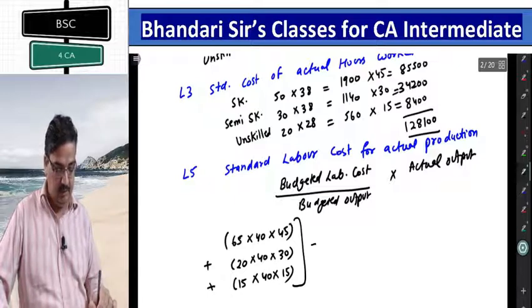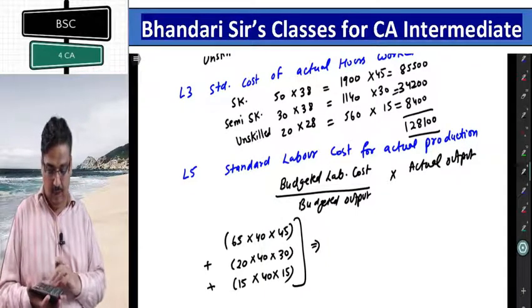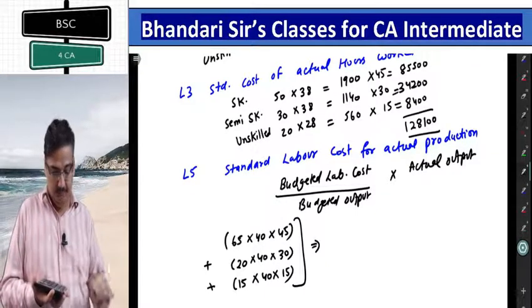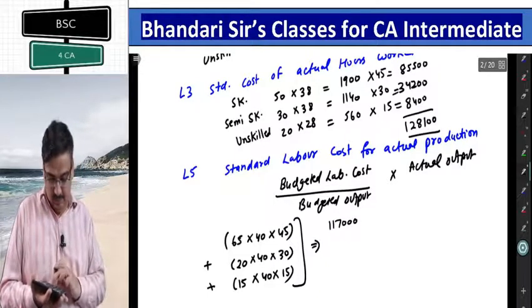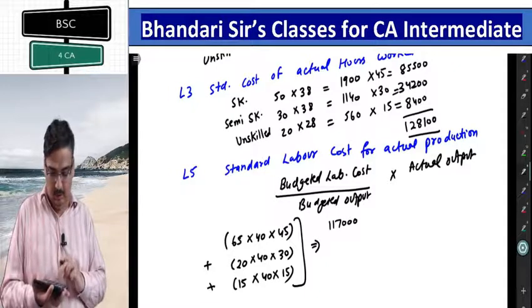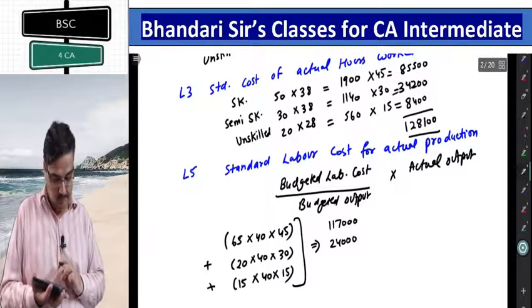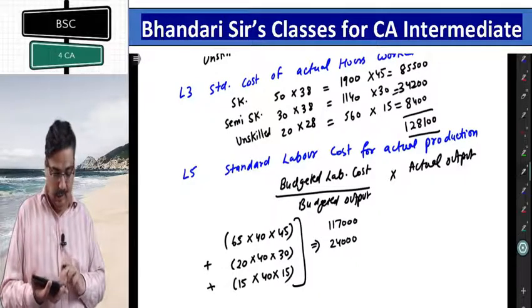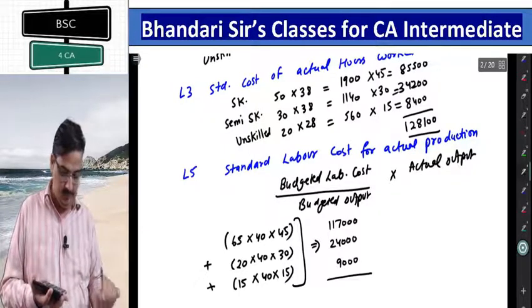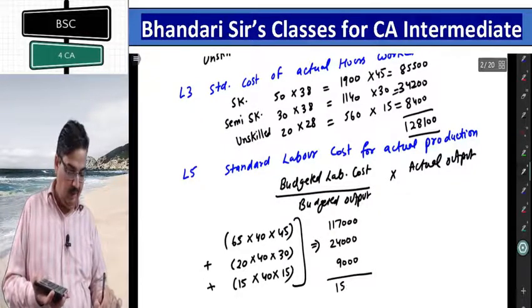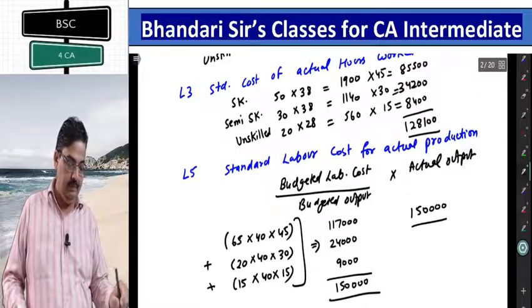This is the budgeted cost. Let us compute. 65 into 40 into 45 is 1,17,000. 20 into 40 into 30 is 24,000. 15 into 40 into 15 is 9,000. The aggregate is 1,50,000.